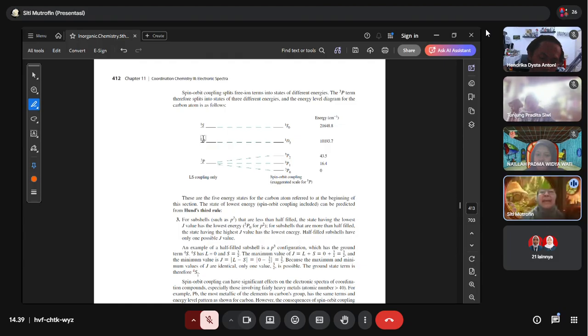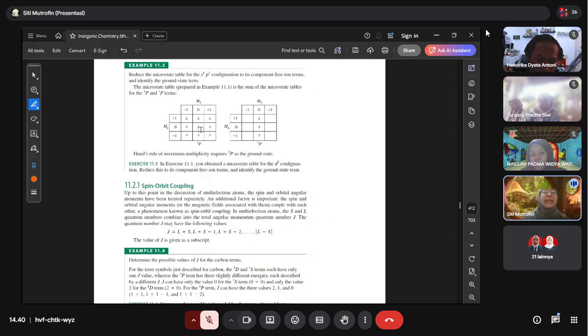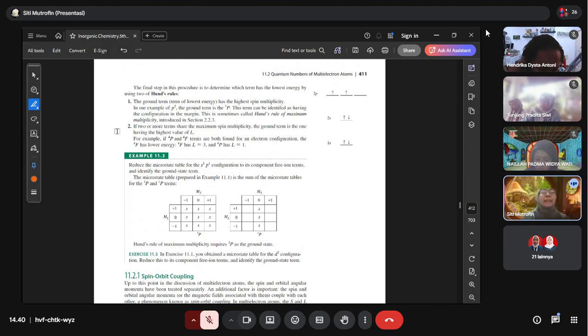The one that has the higher L value must be put as the lower state. So for 1S and 1D, the L value of D is bigger. So D must be lower than 1S.